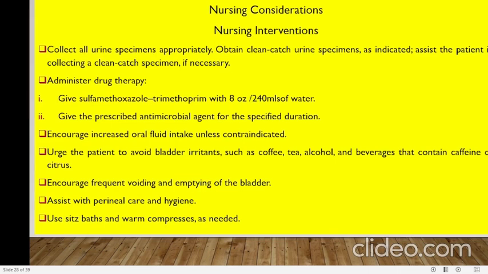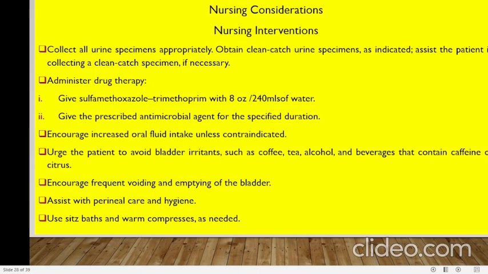Nursing considerations as part of nursing interventions. We say we collect urine specimen appropriately, obtain clean catch urine specimen as indicated, assist the patient in collecting a clean catch specimen if necessary. We need to administer drug therapy.